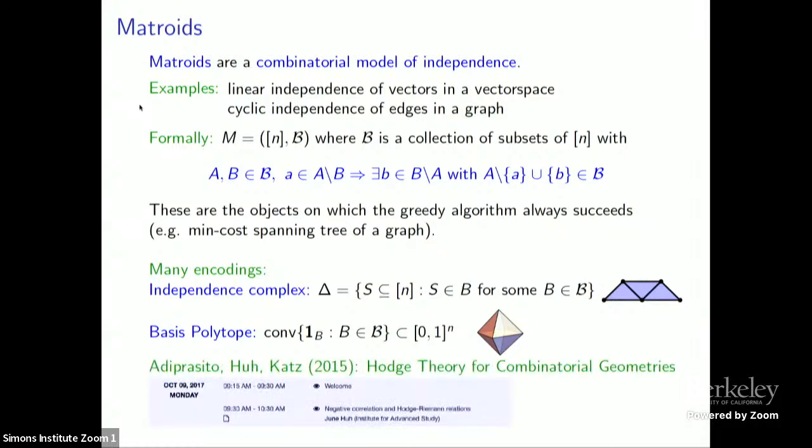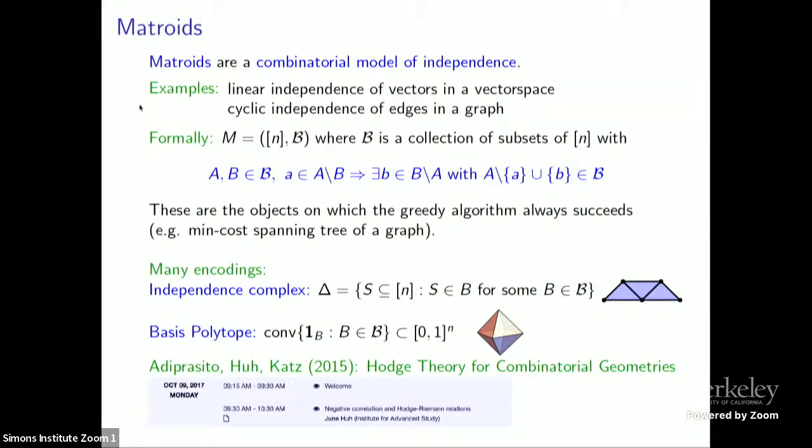So matroids have been around for a long time, but recently, especially in combinatorics and algebraic combinatorics, there have been some breakthroughs on the theory of matroids. In particular, one of the big breakthroughs happened in 2015, where Karim Adiprasito, June Huh, and Eric Katz wrote a beautiful, long, intense paper on what's called the Hodge theory for combinatorial geometries.